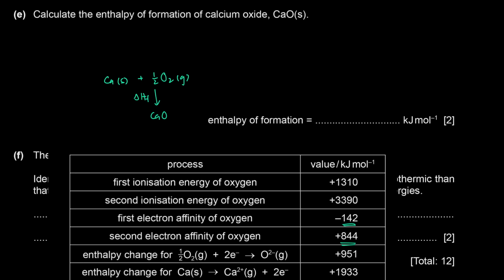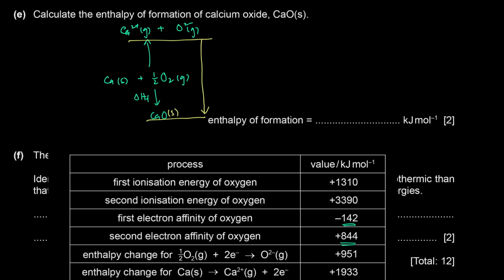Now, one way of doing that is by first converting the elements into their gaseous ions, right? So by first forming calcium 2 plus gaseous ions, and by forming oxide gaseous ions, and then by converting those gaseous ions directly into the solid.